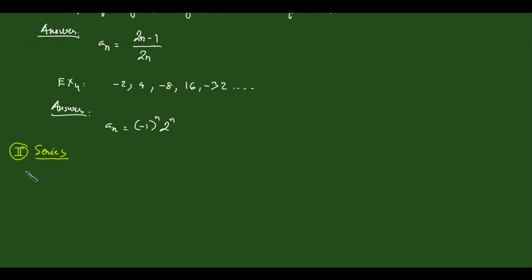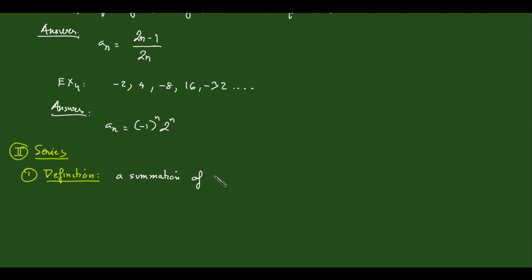So I'm going to put over here the first thing: I'm going to talk about the definition. The definition of series. So a series is a summation of terms of a sequence.